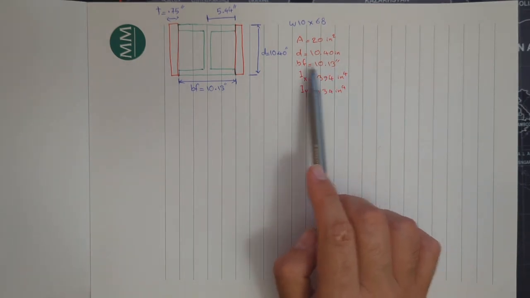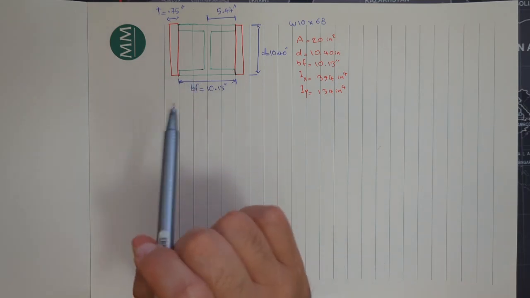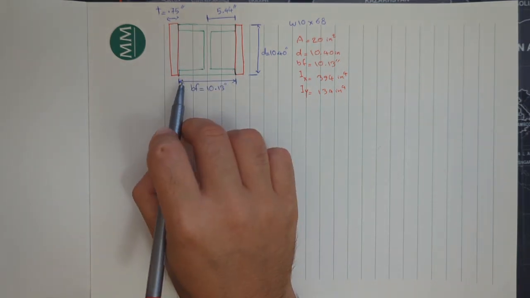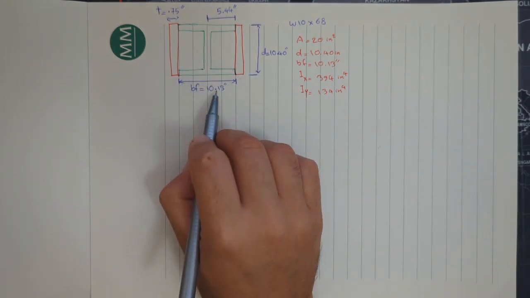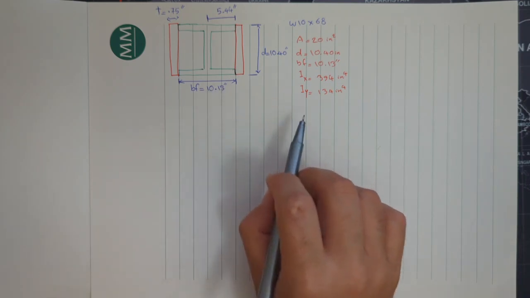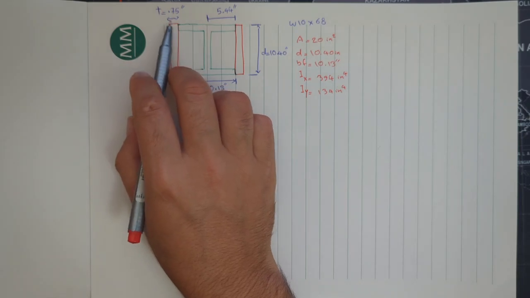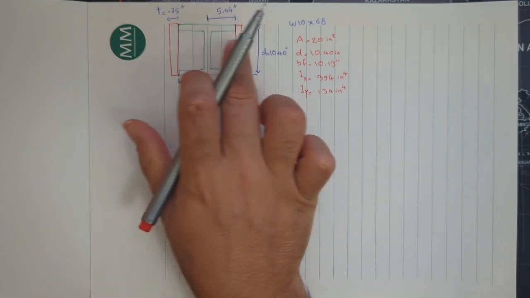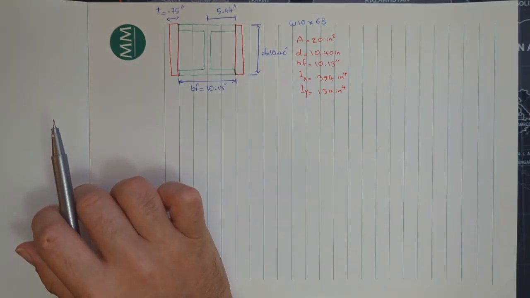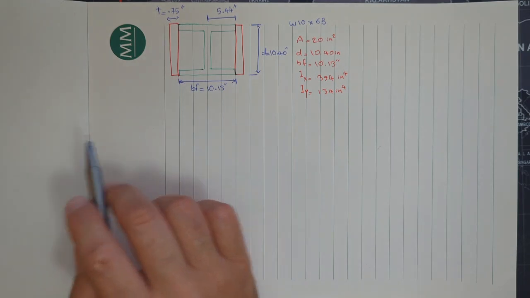So BF is the base of our beam, which is 10.13 inches. And the thickness T for the plates that we have on the sides of this I-beam is 0.75 inches.